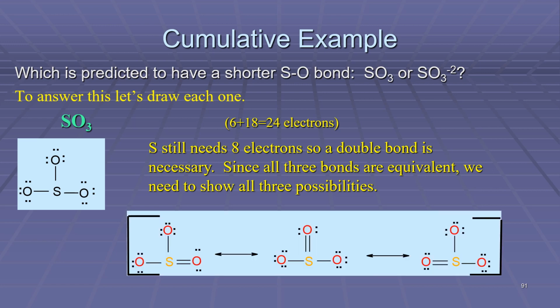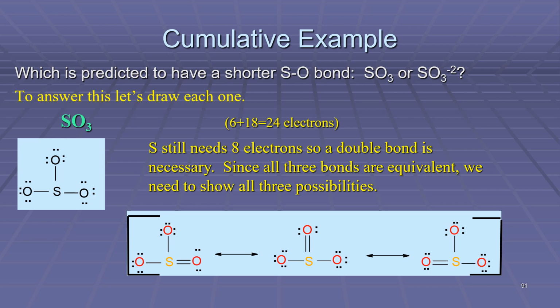First I drew the double bond to this oxygen. Don't forget to remove those electrons, because in the double bond they're sharing 4 electrons now. Then I drew it to the center oxygen, and then to the left oxygen. So this is a resonance structure. What does that mean? Technically speaking, each bond is approximately 1 1/3, because that double bond is shared by all 3 oxygens.